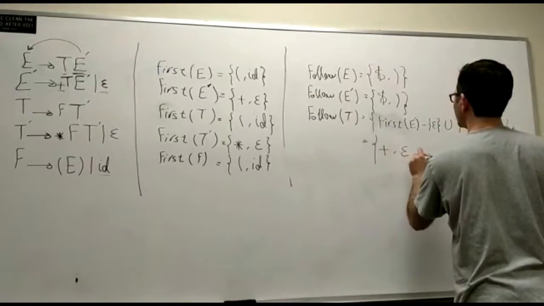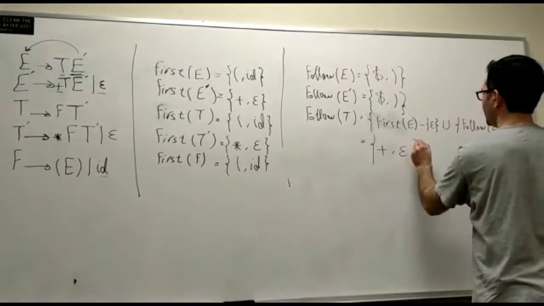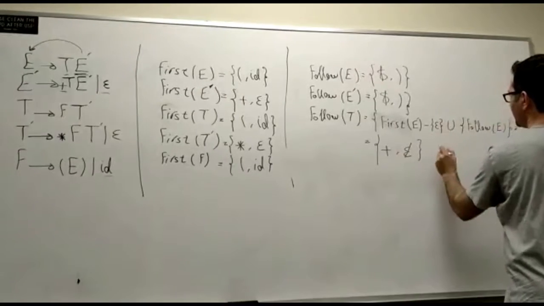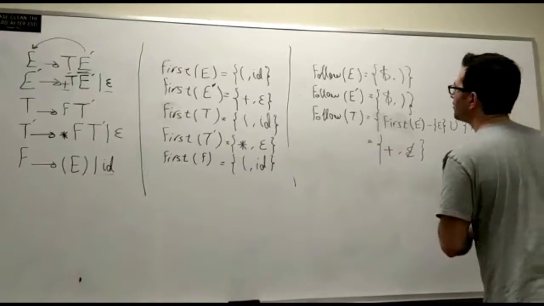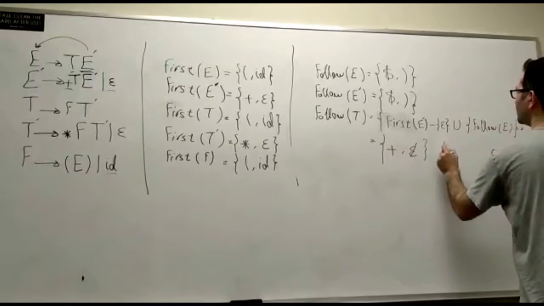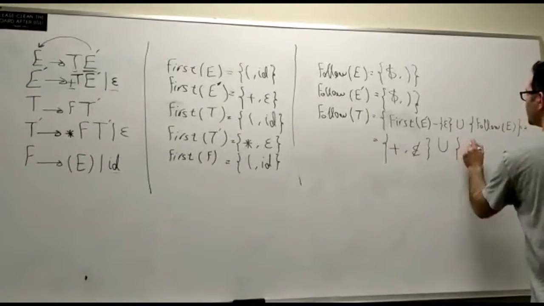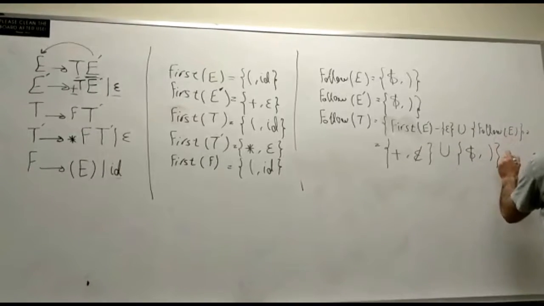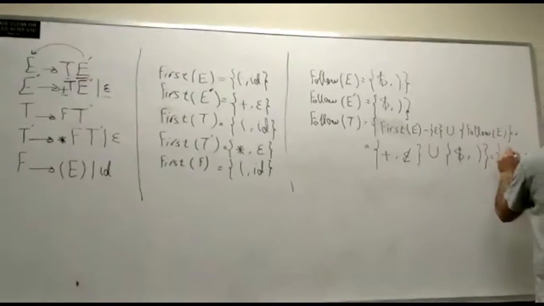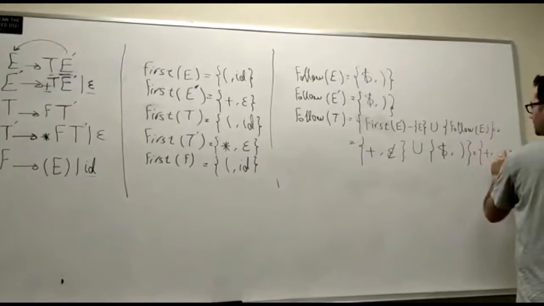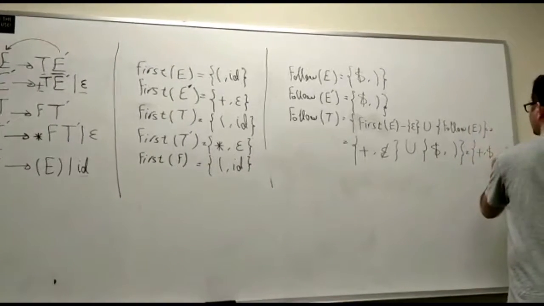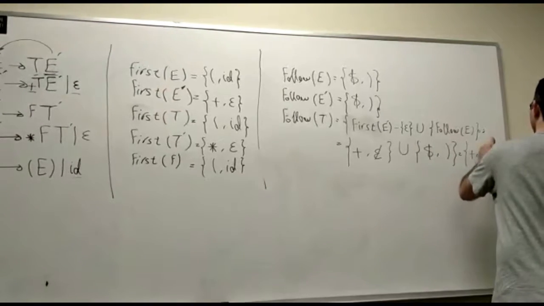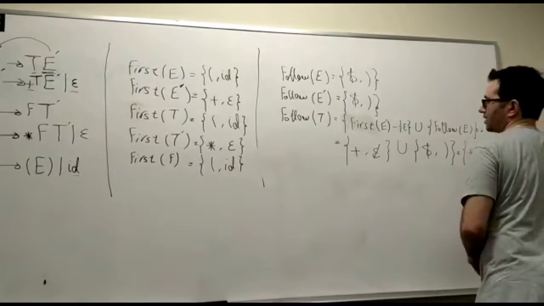That is plus and epsilon, and then we should subtract the epsilon because of this, and then union this with follow of E. So what is the follow of E? It is the dollar sign and the right parenthesis. So the final answer is plus, dollar sign and right parenthesis. Okay.